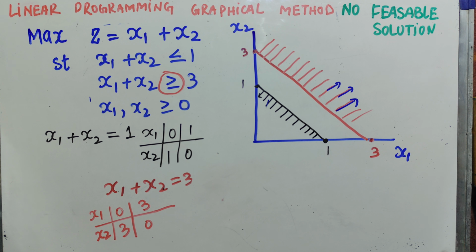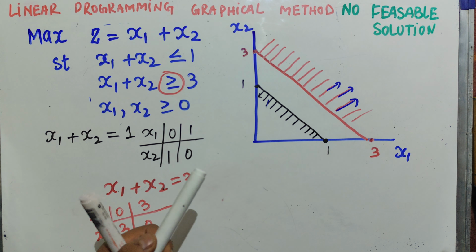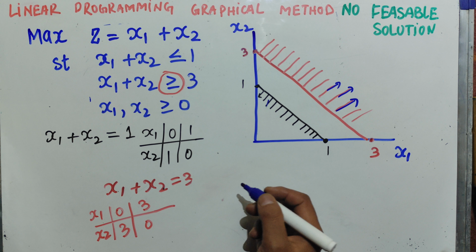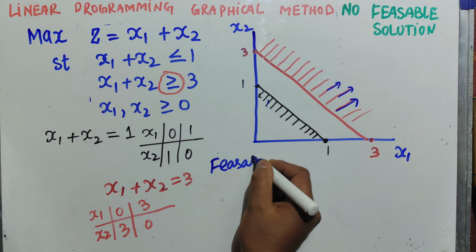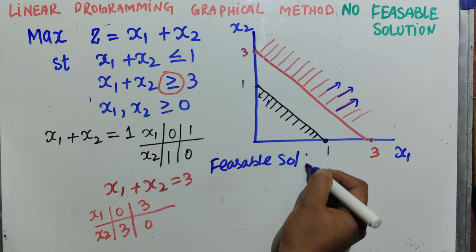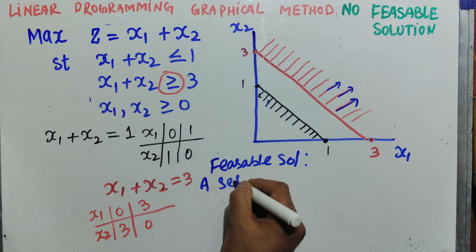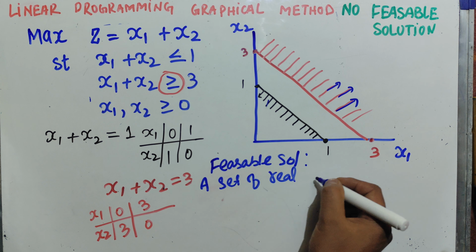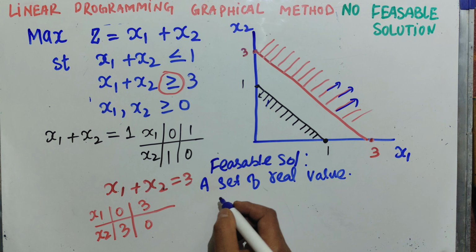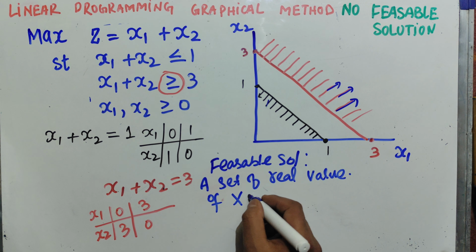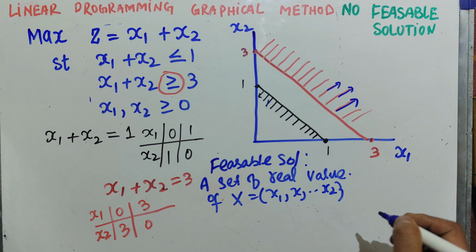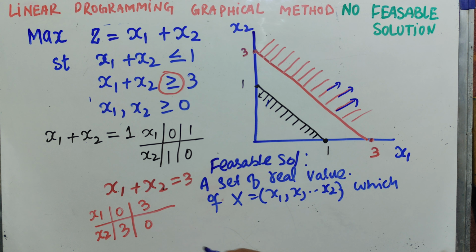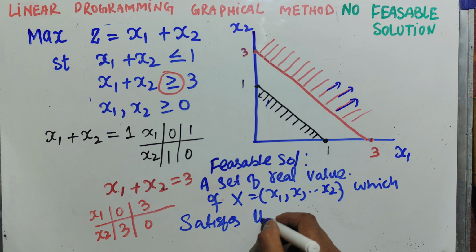If I take the definition of the feasible solution, let me write it here. Feasible solution means we say a set of real values of x, x is equal to, let us say, x1 comma x2 so on up to xn, which satisfies all the constraints.